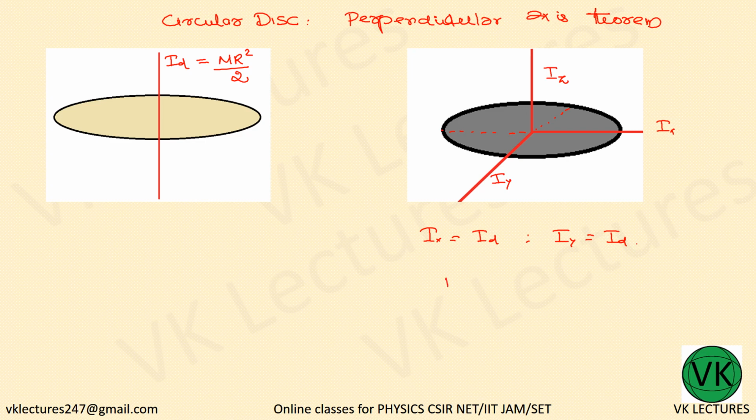So you can write Iz is equal to 2 times ID, and Iz is mr squared by 2, that's equal to 2 times ID, and ID is equal to mr squared by 4. So this is the moment of inertia in the plane lamina, that is X, Y and Z direction, perpendicular to the plane.